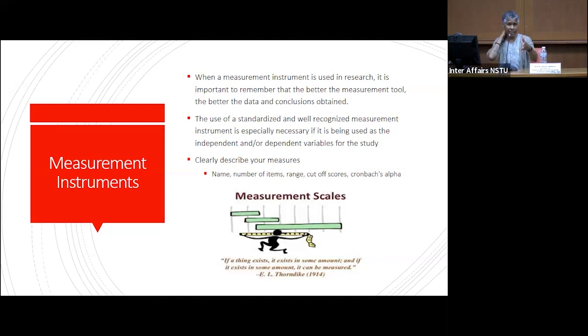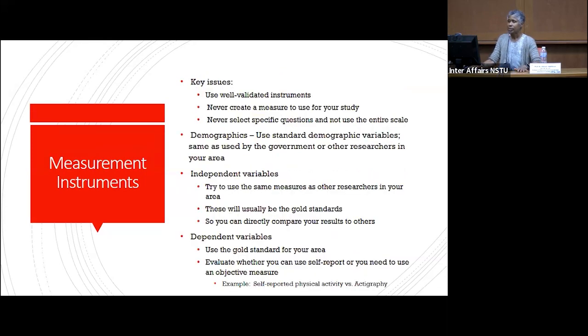The first phase is to do translation and validation, and the second would be to use those survey measures in a cross-sectional survey. Okay, so that would be appropriate. So key issues: well validated, never create your own, and never delete some items.